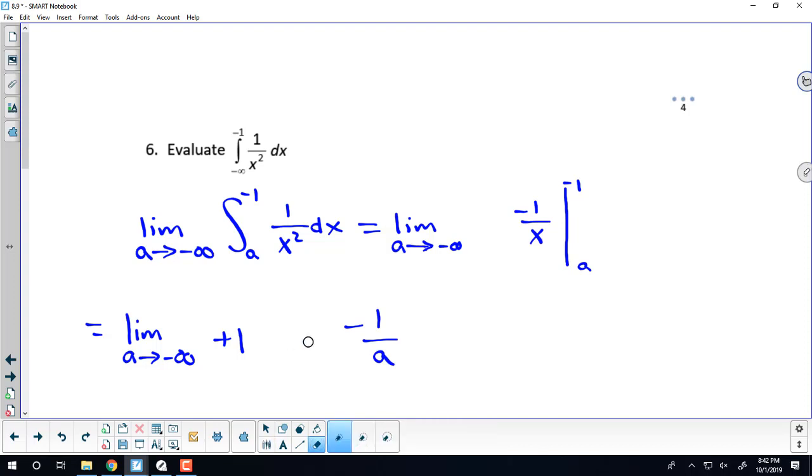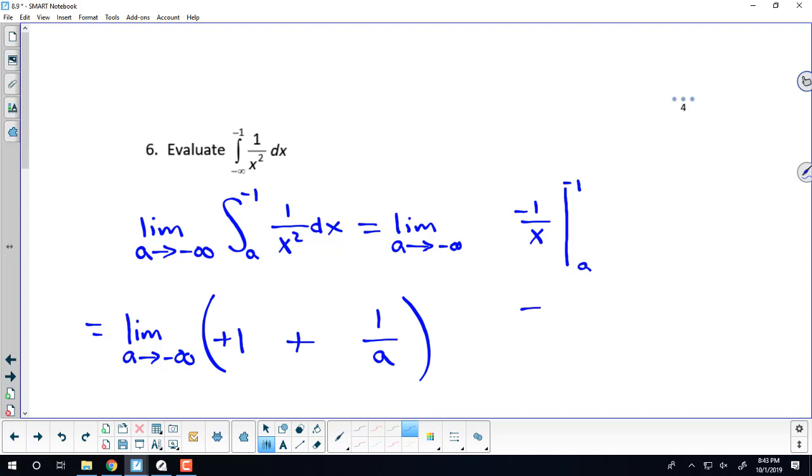Well, I'll just erase this. I guess it would turn into plus. Okay, so wouldn't it be -1 over... well, you would have, yeah, let's see. You have -1 over -1, and then you have a minus -1 over a.